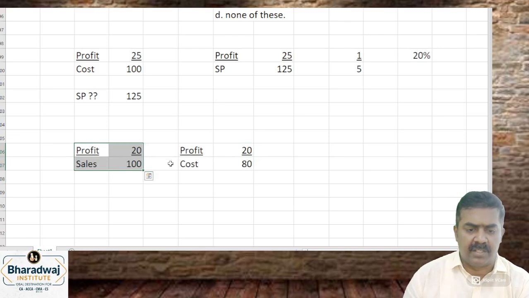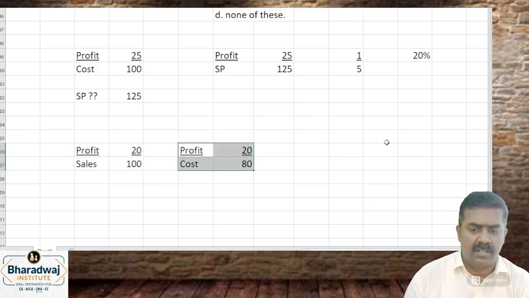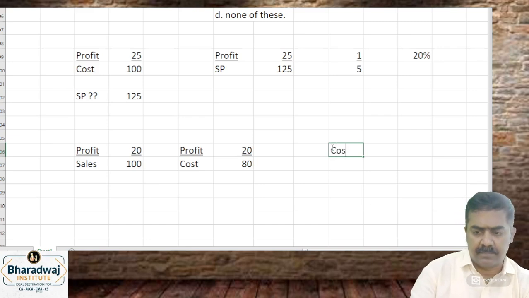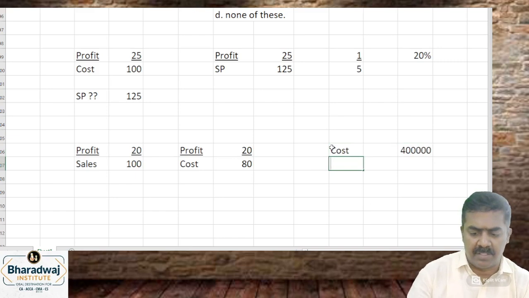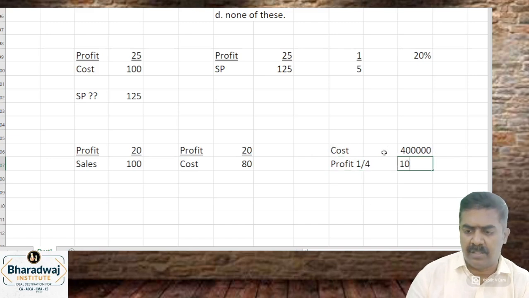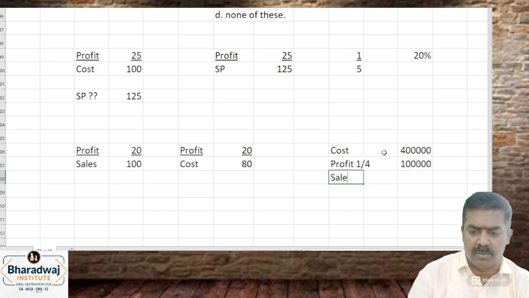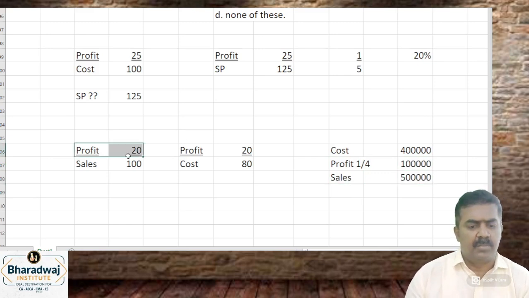Okay, 1/5 on sales, 1/4 on cost. What is the cost given? 4 lakhs. Profit margin is how much? 20 by 80 is nothing but 1/4. 1/4 will be 1 lakh. Adding, how much will sales be? 5 lakhs.